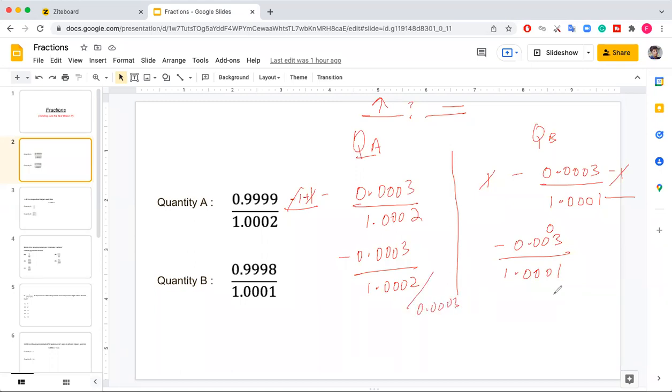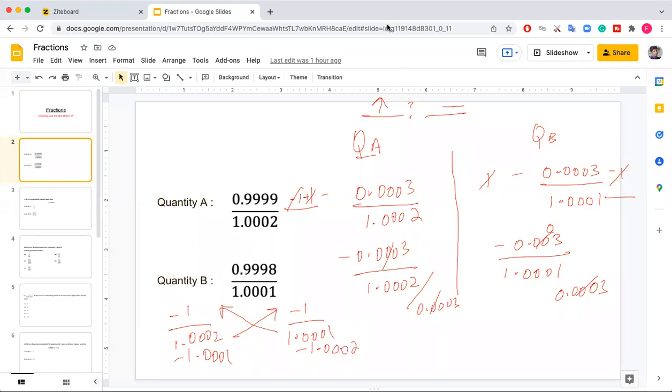This will cancel out, and we are left with -1 over 1.0002 and -1 over 1.0001. And if I cross multiply these, this will be -1.0001 and this will be -1.0002.